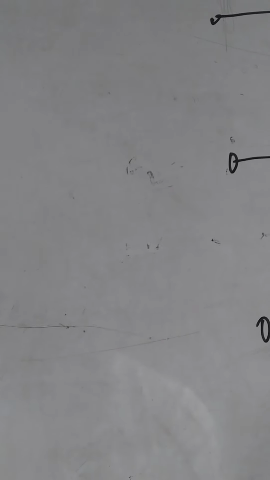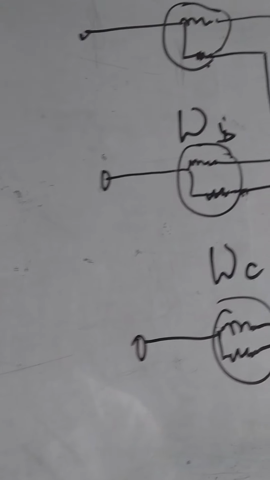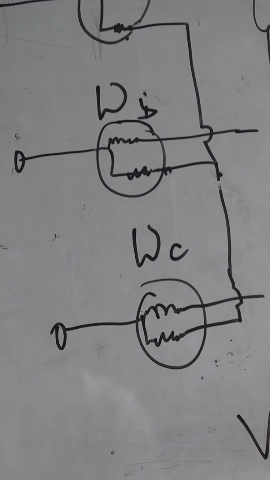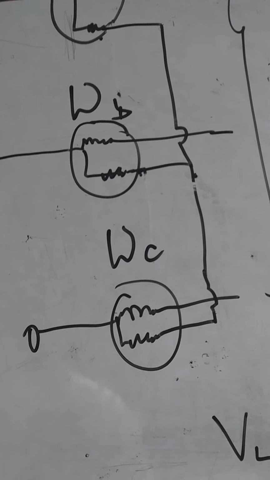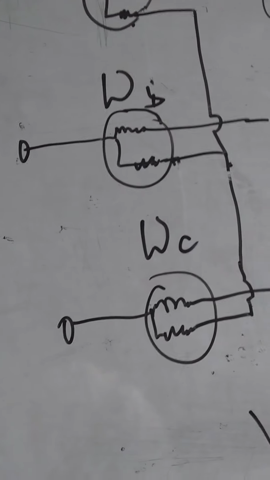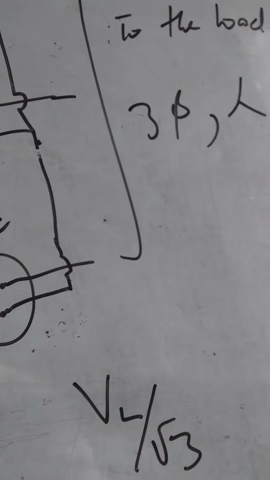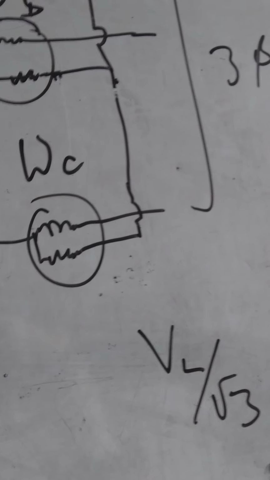If it is positive phase sequence, the voltage across the coil, which will appear like the phase voltage, lags the line voltage by 30 degrees.